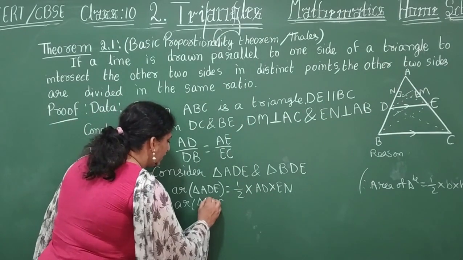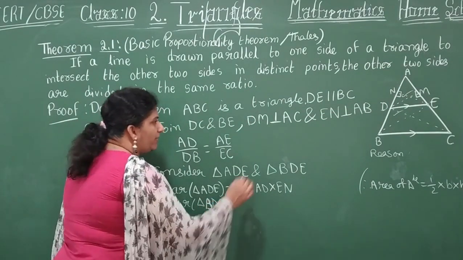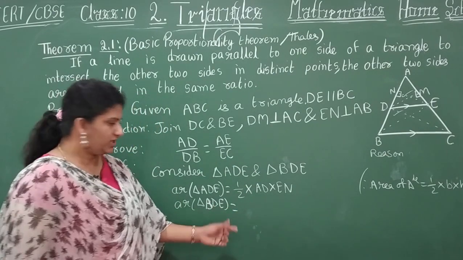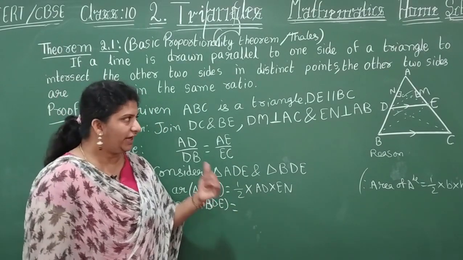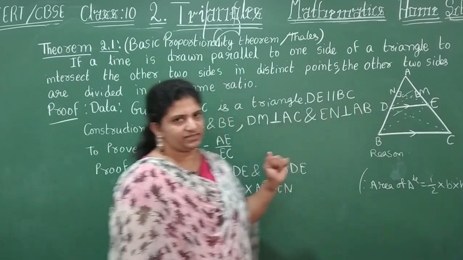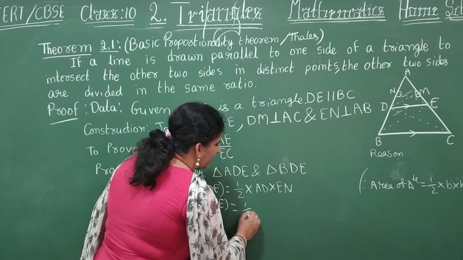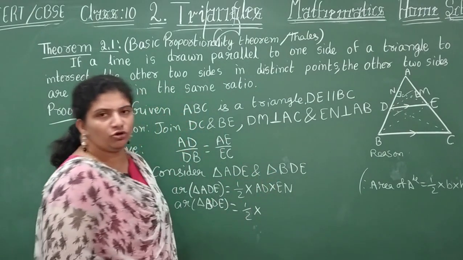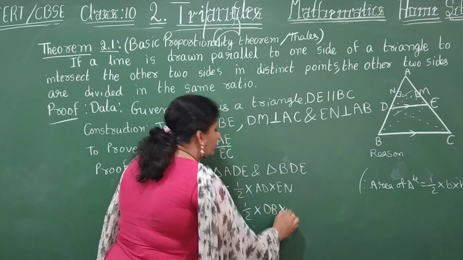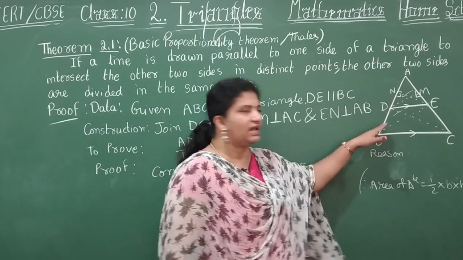Next, coming to the area of triangle BDE. Observe here, children, area of triangle BDE. Where is BDE? Can you see this triangle? Yes. What formula applies here again? Half into base DB into height. Is there a height on this line?